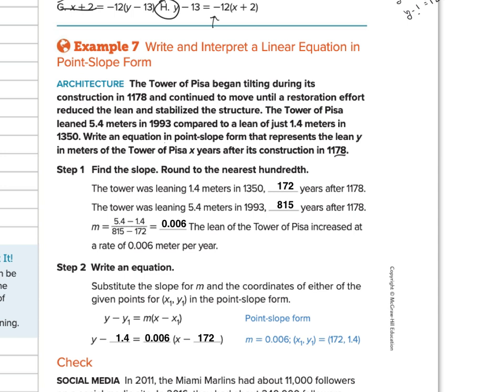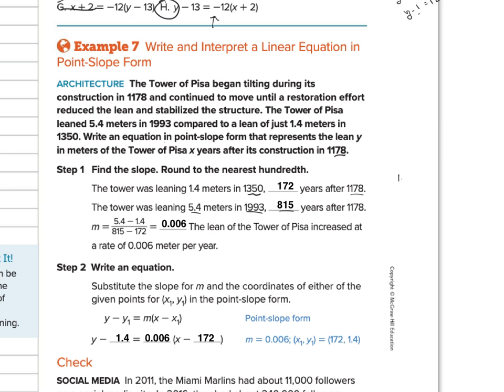1178. So the tower was leaning again in 1350, which was how many years away? And then 5.4 meters in 1993, which was how many years away? So that's how they came up with my x and y.